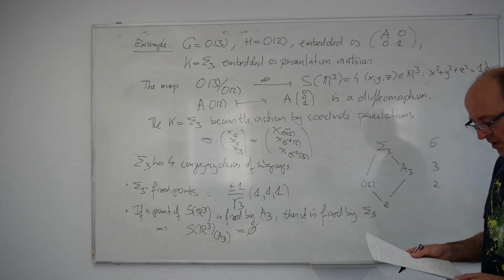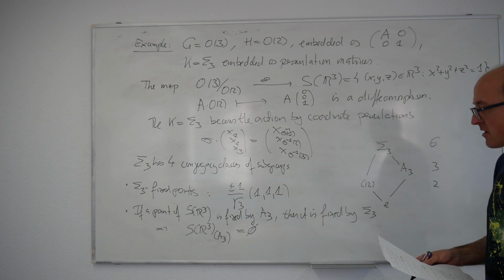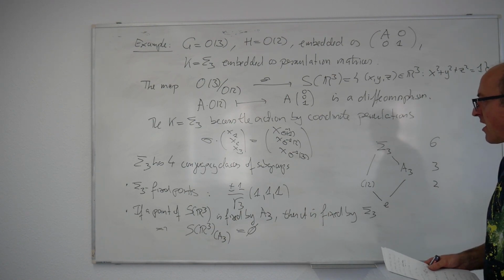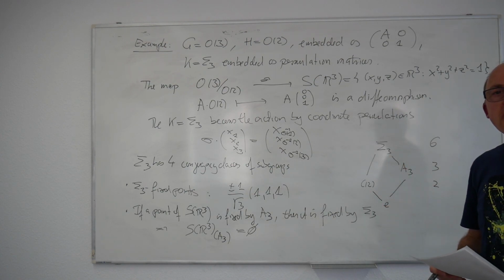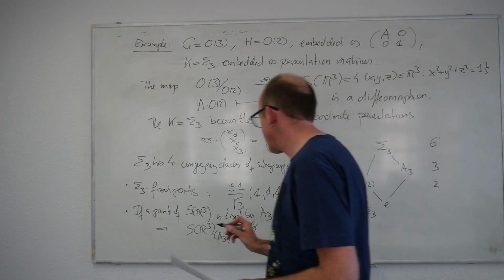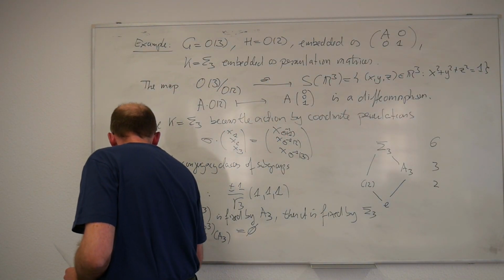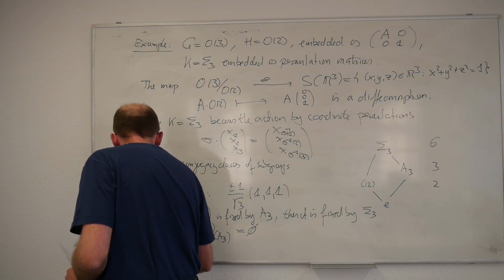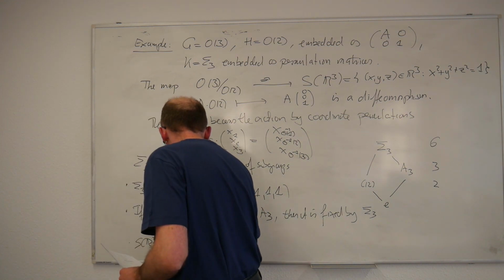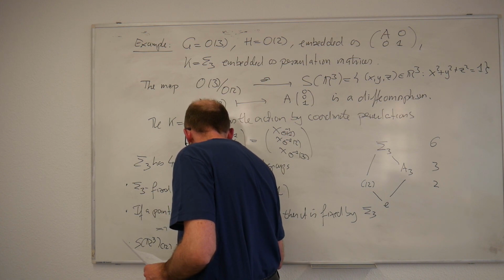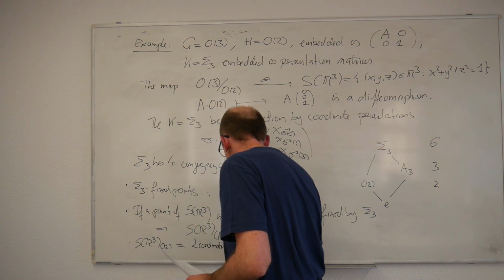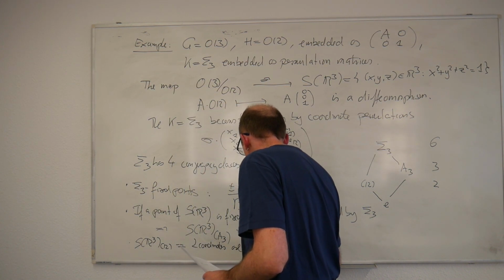Okay, so what are the points that have stabilizer group transposition? Well, these are the points where 2 coordinates are equal, but not all 3 coordinates are equal. So S2 of R3, 1, 2 are the points where 2 coordinates are equal, but not all 3.